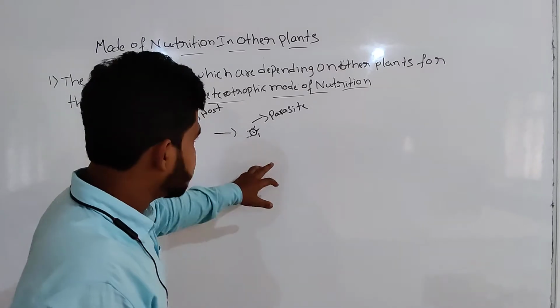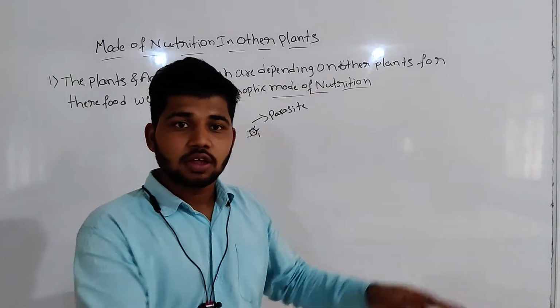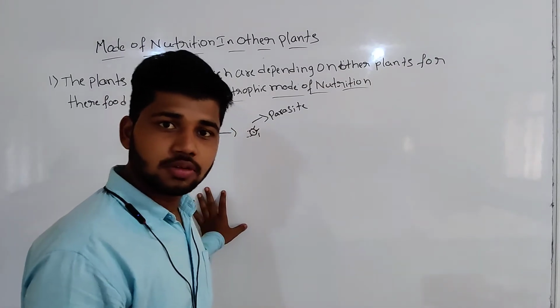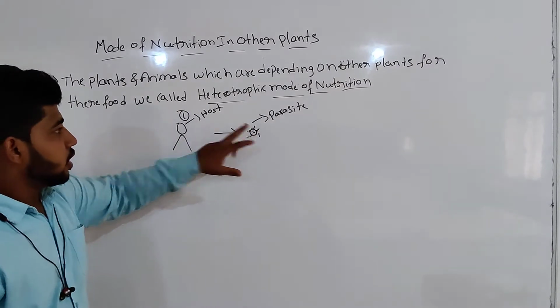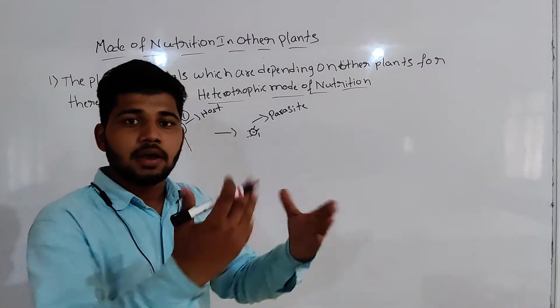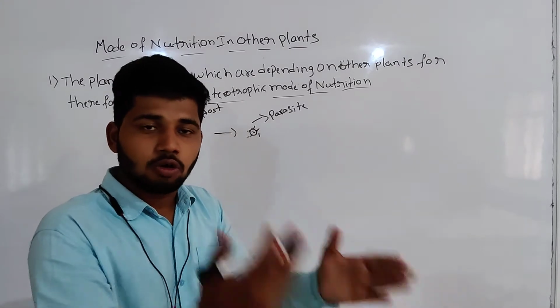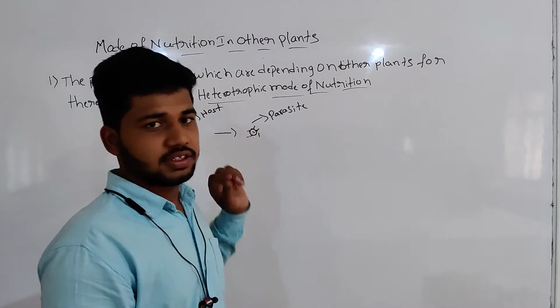It is called the parasite, and that which gives the nutrients and other food to the parasite is called the host. The host is that which gives shelter and food to any other parasite.